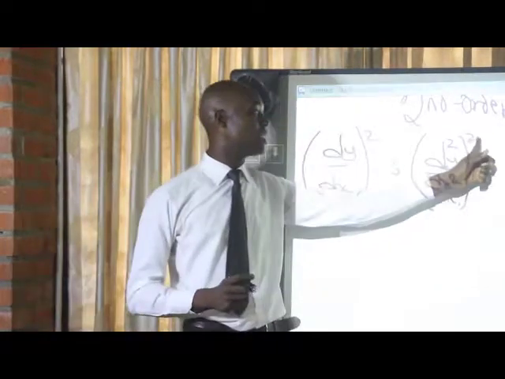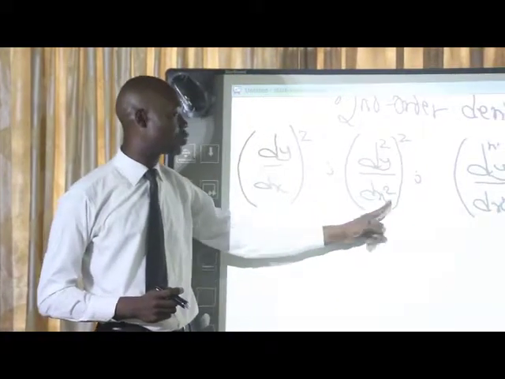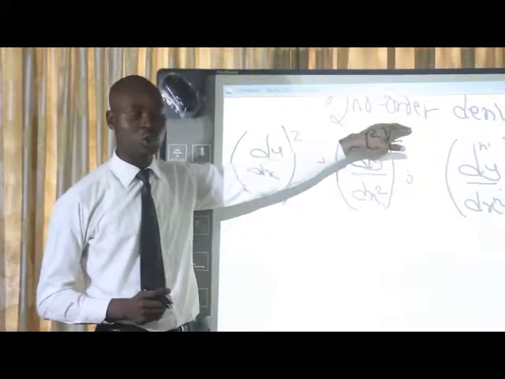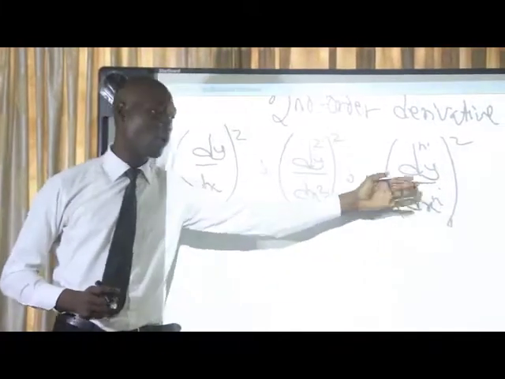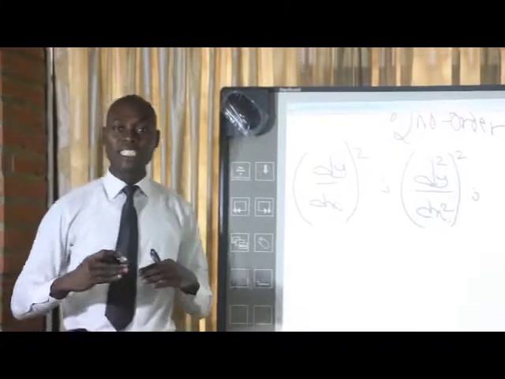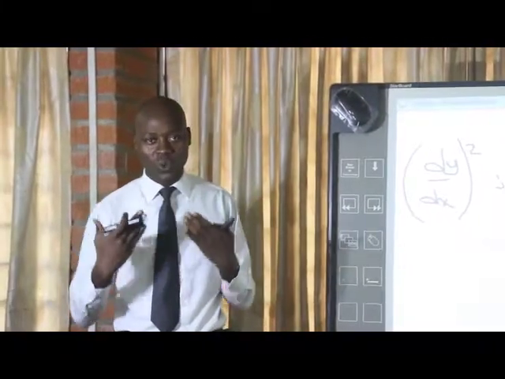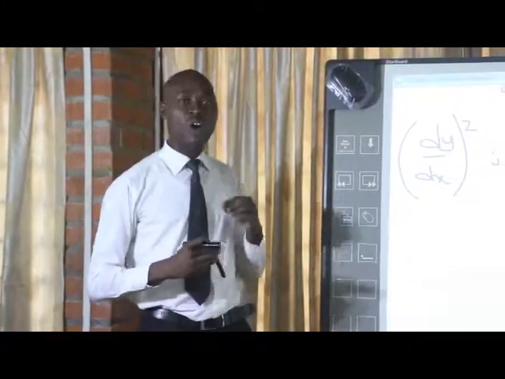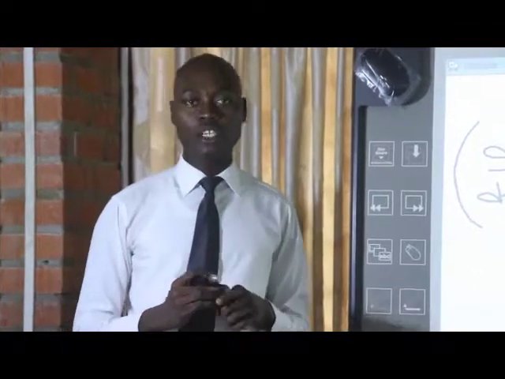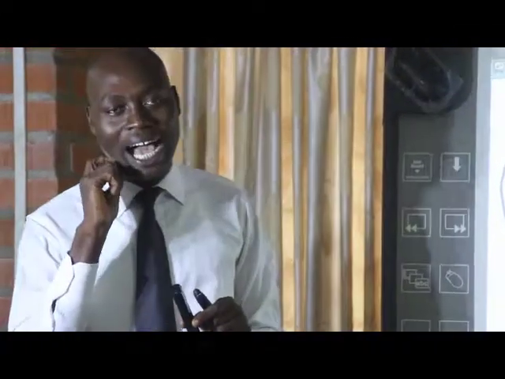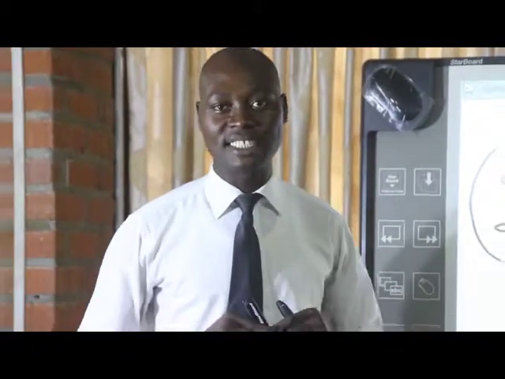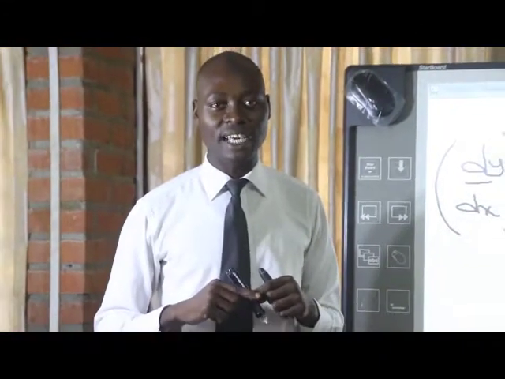This also becomes a degree, because we have d^2y/dx^2 raised to the power of 2, and likewise this. But in an ordinary differential equation, to determine the degree, all you need to do is look at the highest derivative the equation contains and then check the power to which it is raised. That power is known as the degree of the ordinary differential equation.